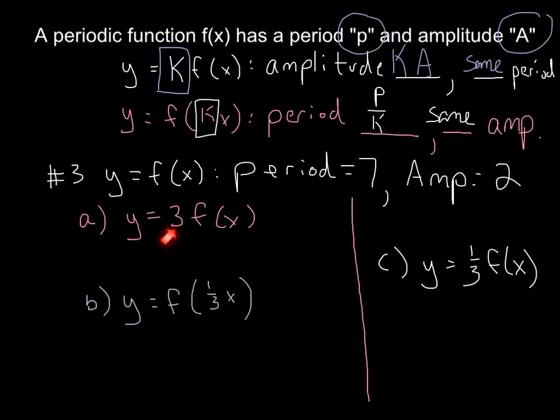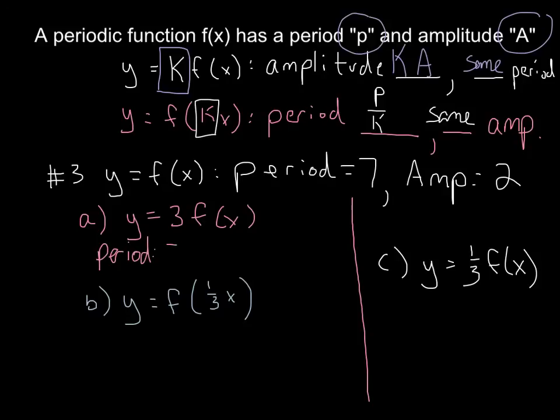Now I want you to modify f of x. I want you to transform it. Instead of f of x, do 3 f of x. Tell me what the new period and the new amplitude will be. Well, I'll do the hard one for you. Since the k is on the outside, it affects it vertically, but not horizontally.